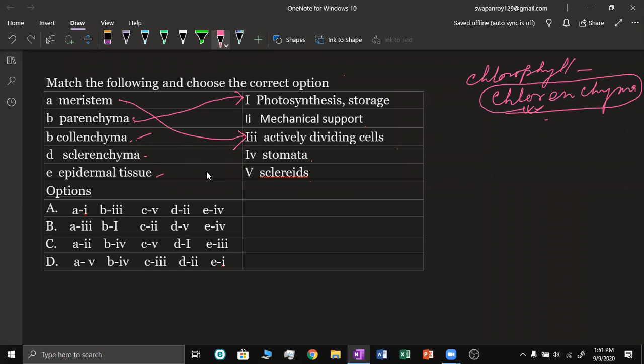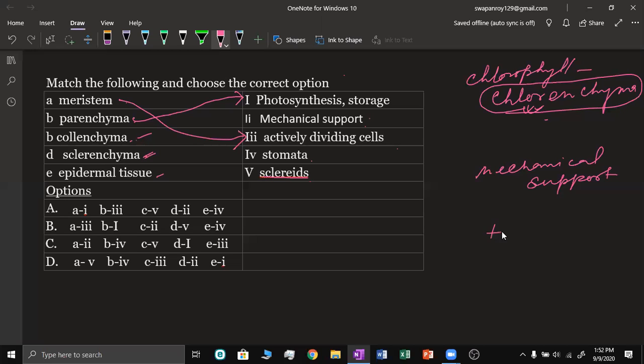Sclerenchyma. Actually, sclerenchyma tissue can give mechanical support. See here, sclerenchyma is a very hard tissue and can give mechanical support. And here is another one, sclerids.